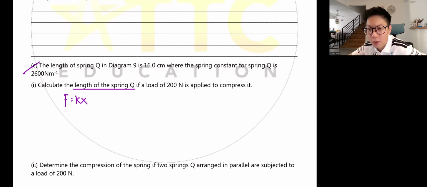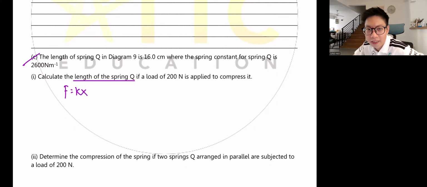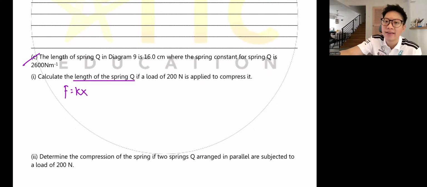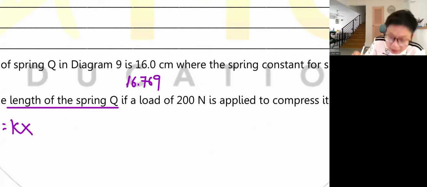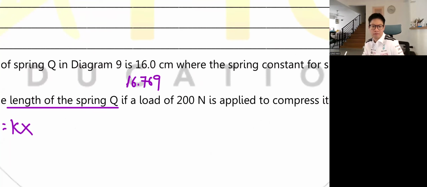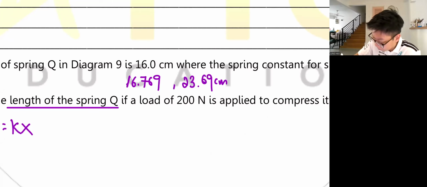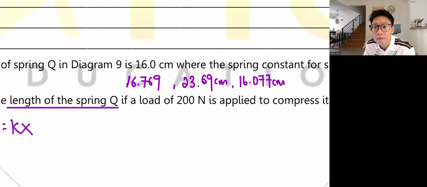Okay, hello everybody. What's up, guys? Has anybody got an answer already? You want to find the spring, F equals kx, already given. Okay, we got the first answer, 16.077, 16.769. Then 23.69 cm. 16.077 cm.